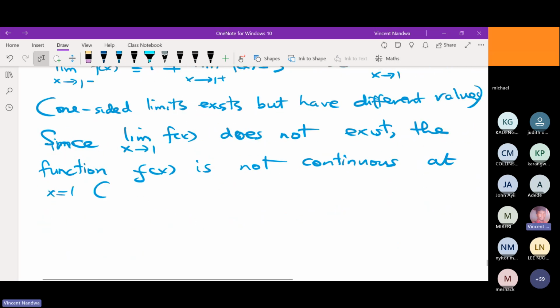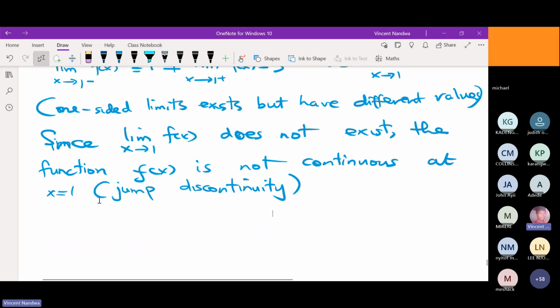And actually, as we shall see later on, when you're discussing different types of discontinuity, this type of discontinuity is called jump discontinuity. So jump discontinuity is whereby one-sided limits exist, but they are different values. So the limit of the function doesn't exist at that given point.